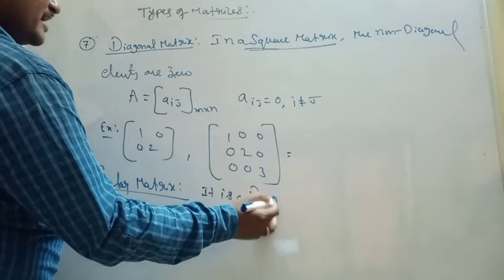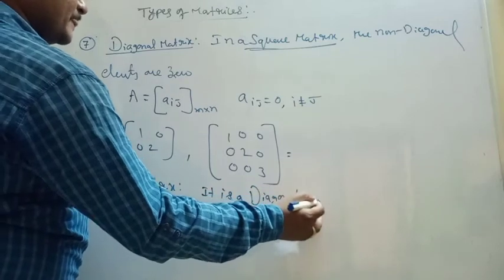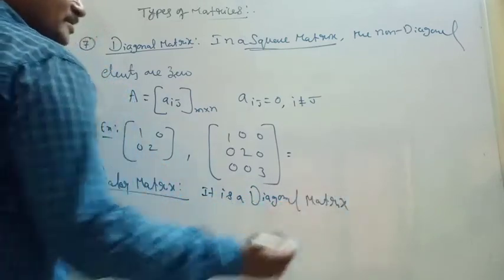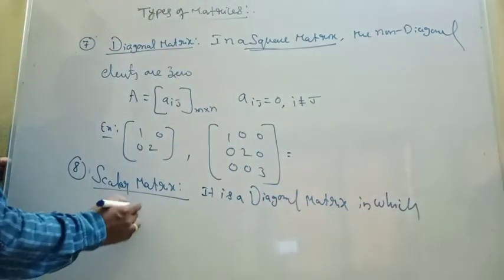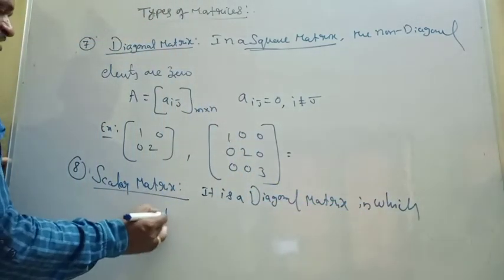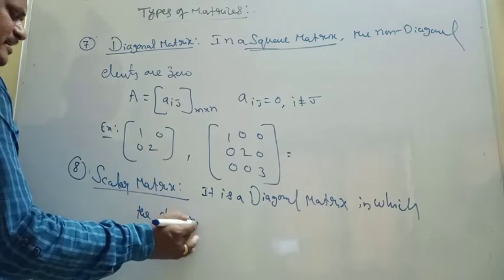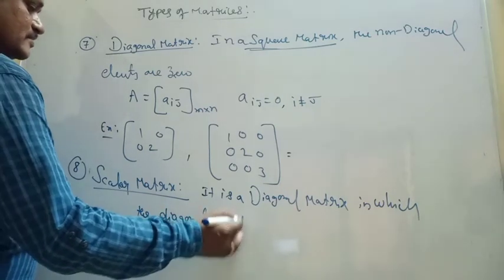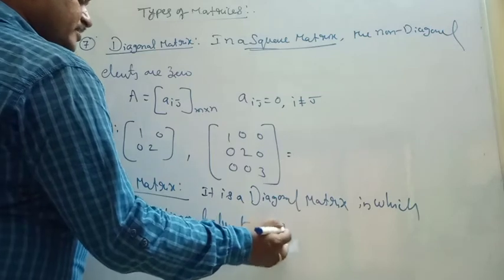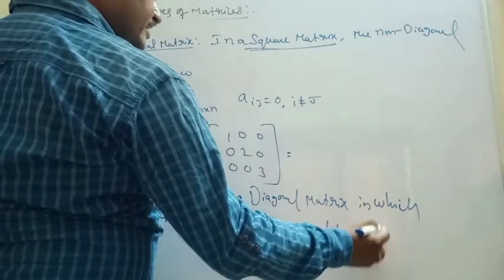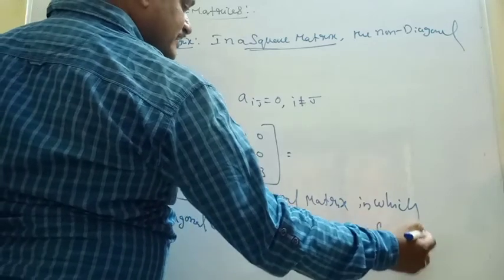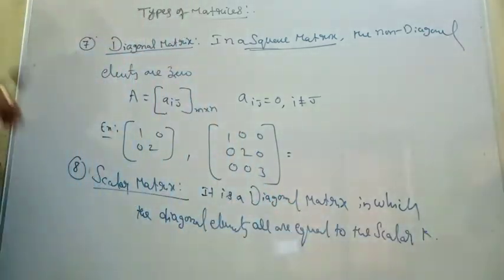It is a diagonal matrix in which the diagonal elements all are equal to the scalar k.